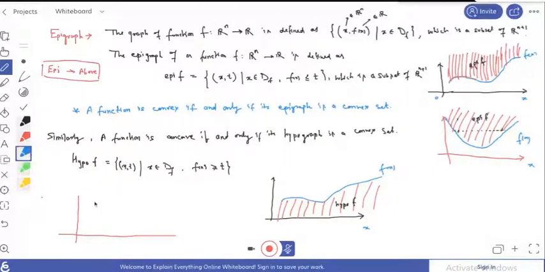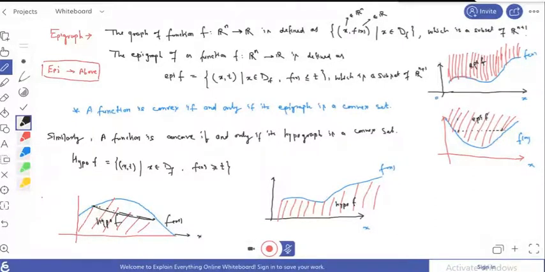This means if you take this type of function, here this region is the hypograph, so this is hypo of f, and this is a function f(x). So this says that if the hypograph is a convex set, and we join two different points on that set, this line lies completely on that set. So this means this hypograph is a convex set.